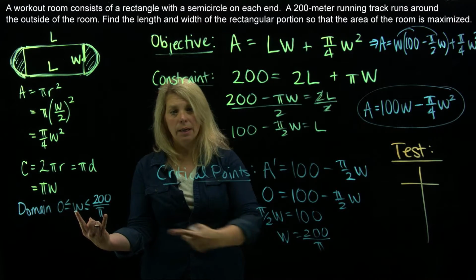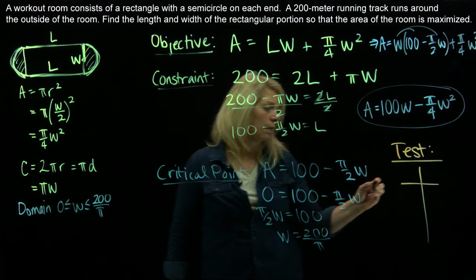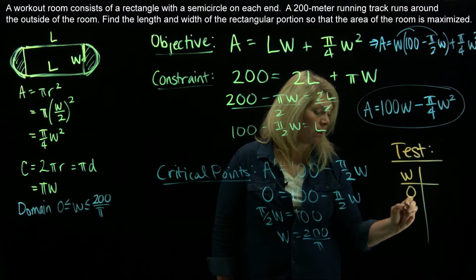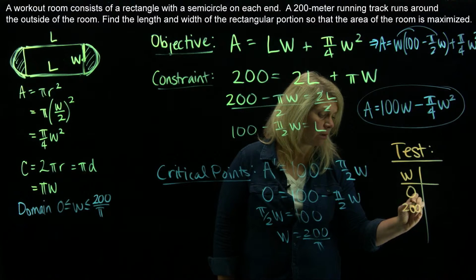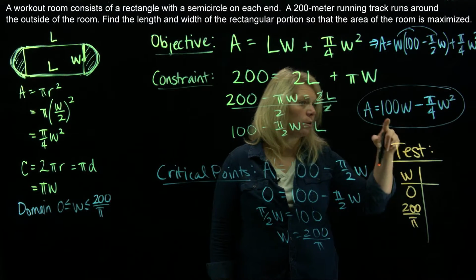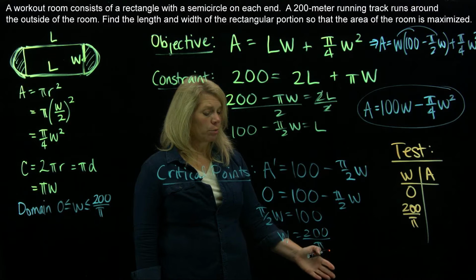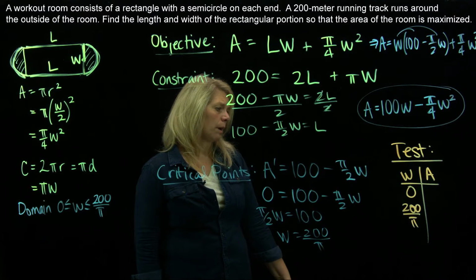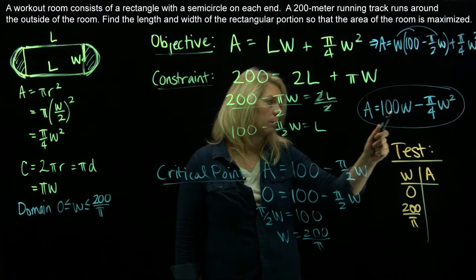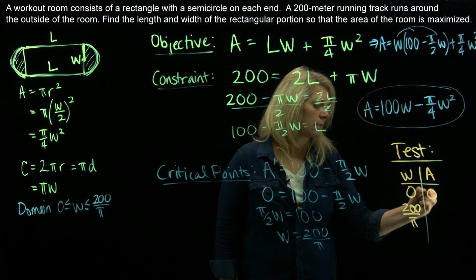This is convenient here since our critical point happens to be one of the endpoints of the interval, 200 over pi. What we're looking for is the largest possible output and the smallest possible output. All right, when I plug W equals 0 into this A function, I will get 0.